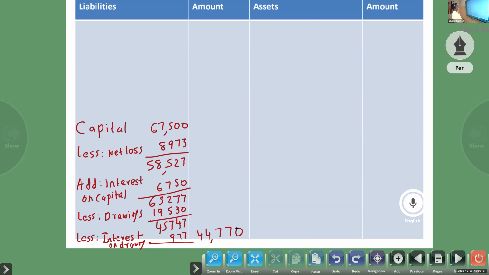So capital is over: the capital less net loss, add interest on capital. Normally if it is net profit, add it, then less drawings and less interest on drawings. That will be the closing capital.